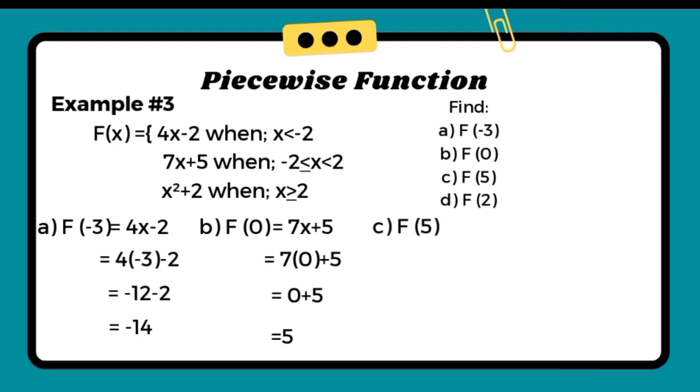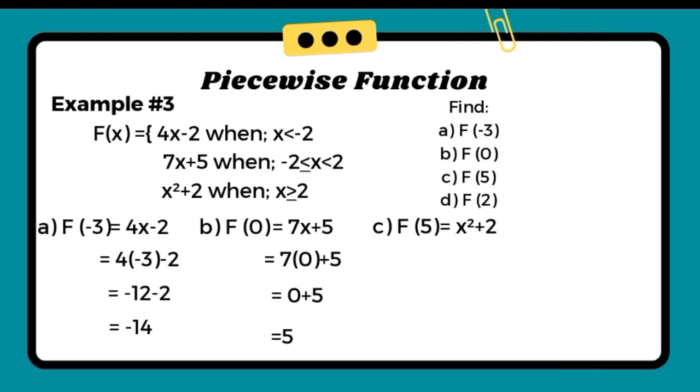And letter C, f of 5. So, saan po ba nabibilang yung 5? Sabihin natin nabibilang po siya doon sa x is greater than or equal to 2. Kasi nga, mas greater than nga siya doon sa 2. Diba? So, lalagay natin siya dyan sa x squared plus 2. Substitute lang uli natin yung x.